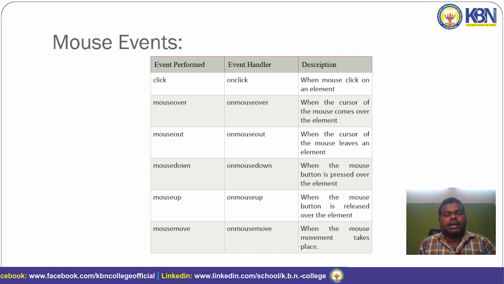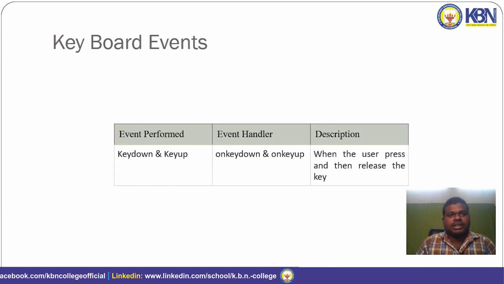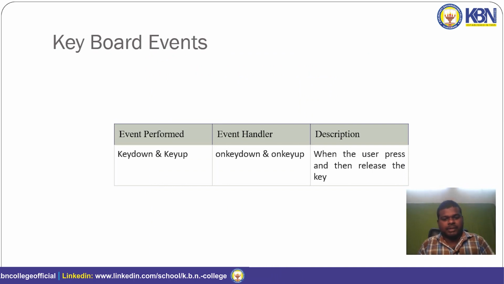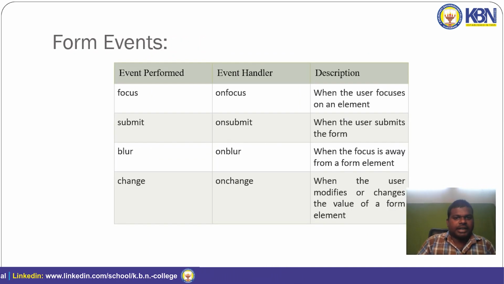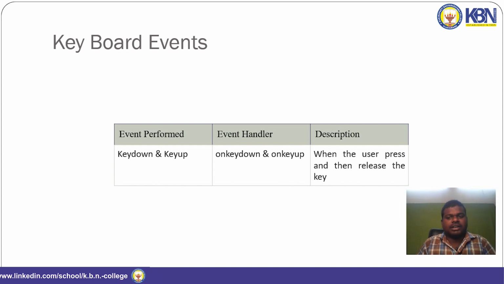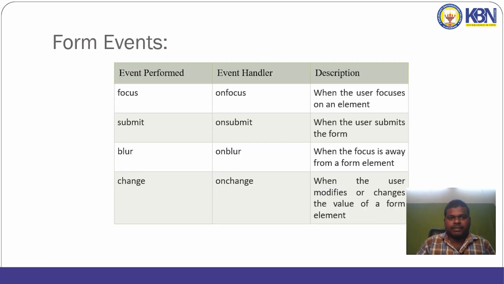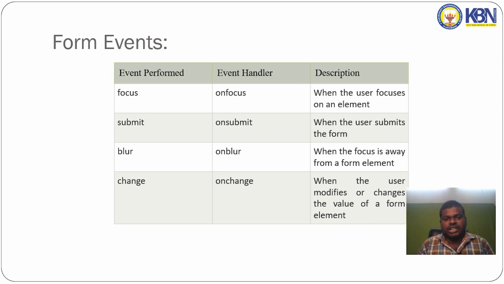Now the next set of events, keyboard events. It's very simple. If I press a button on the screen, depending upon that, it will recognize that event. Next, these are form events: on submit, on change, on blur, like that.